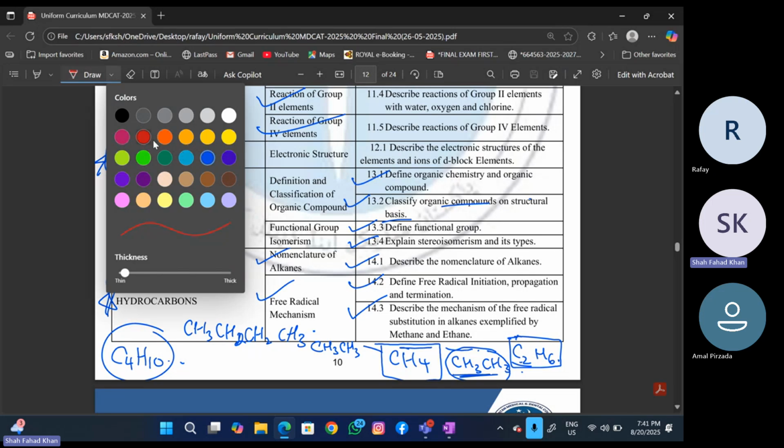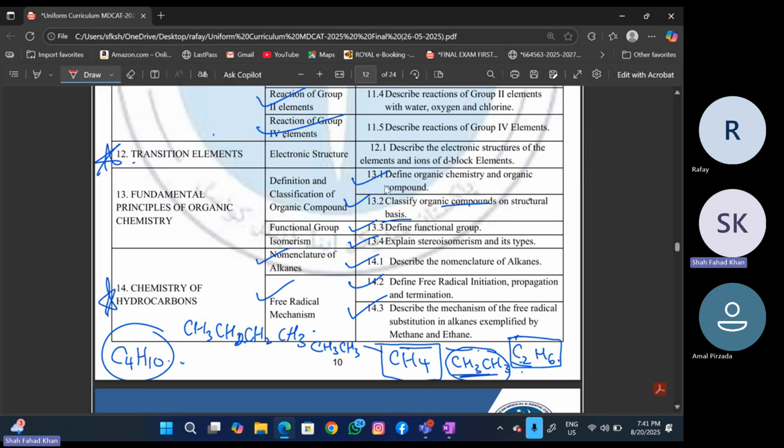So let's see how much we've done already. Organic chemistry done on structural basis. Alkanes, alkenes, all of that stuff. Functional group done. Nomenclature of alkanes done. Free radical substitution done. Mechanism done. So we did all of this stuff.